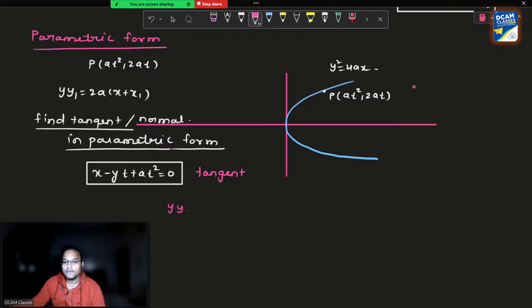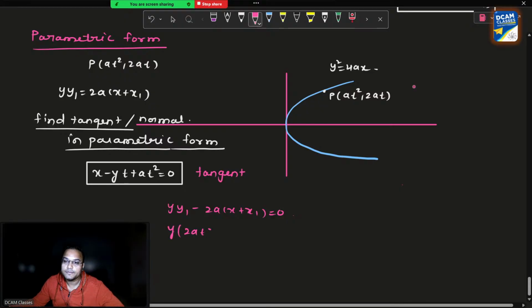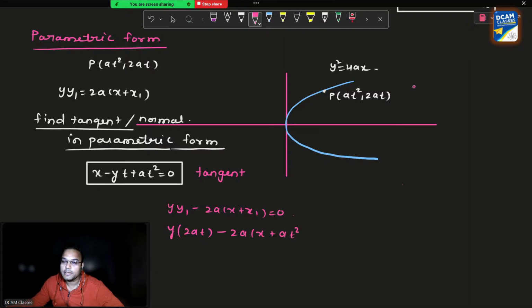It's y1 minus 2a into x plus x1. So y into 2at minus 2a into x plus at square.